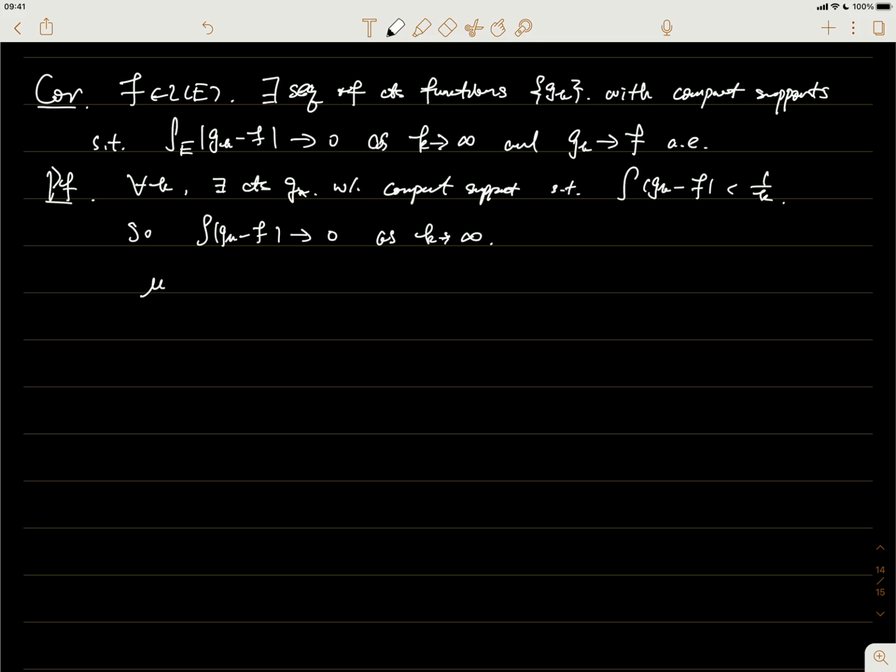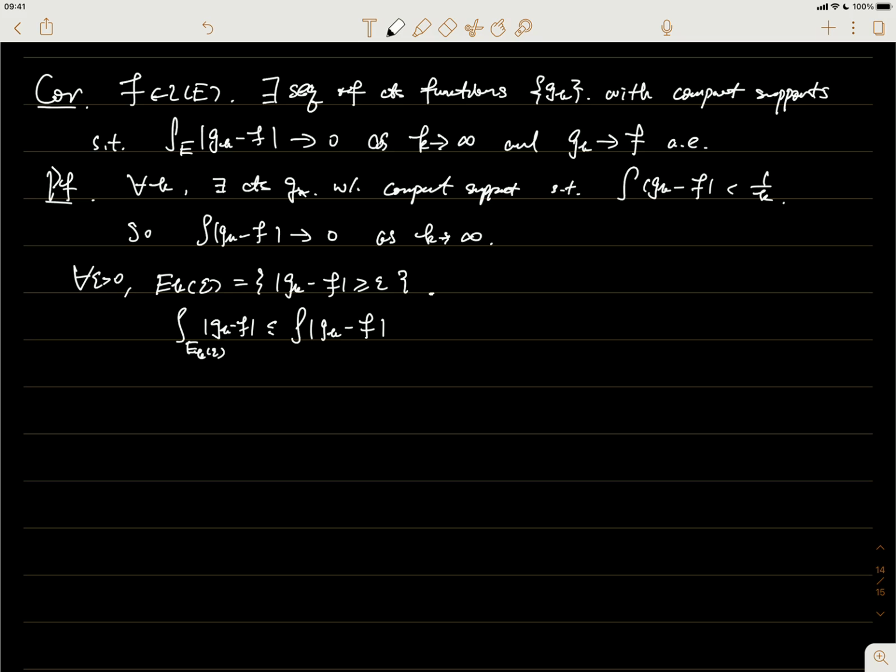If you forget, for every epsilon, we can define E_k to be the set of points where the difference of g_k and f is greater than epsilon, and then we can see that the integral of g_k minus f is bigger than the integral of that over E_k epsilon, g_k minus f.